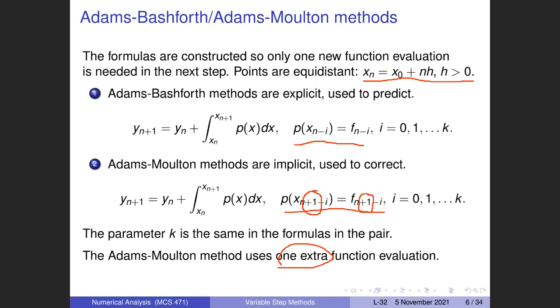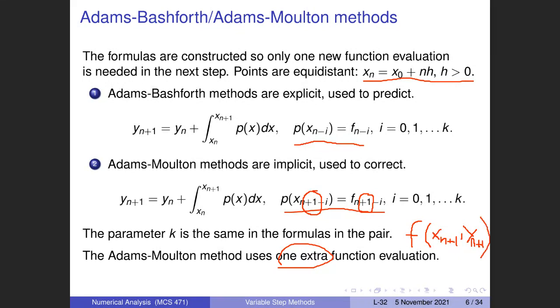The f_{n+1} is actually at x_{n+1}, y_{n+1}. That is what makes the method implicit.